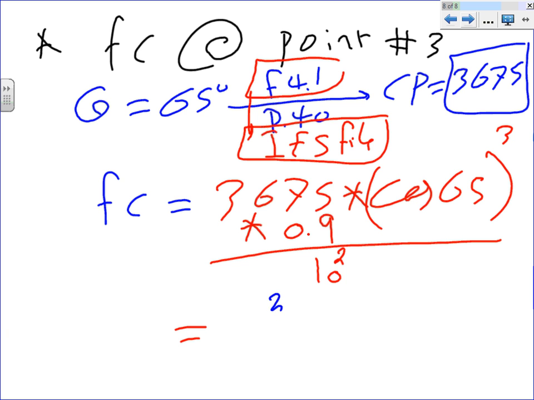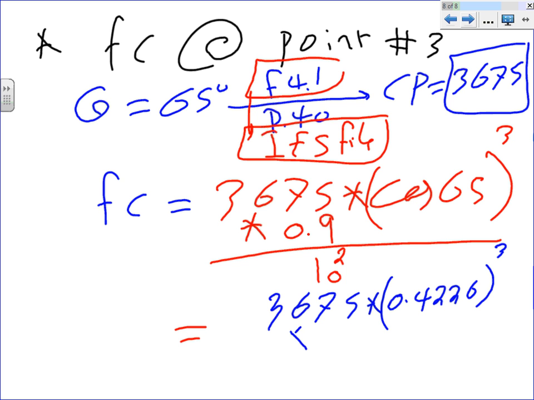Okay, I need 3675 times, what's cosine 65? Don't use your calculator yet. Okay, I got the answer already. What's the cosine? How much? 0.4226 raised to the power 3, multiplied by 3675, times 0.9, divided by 100.